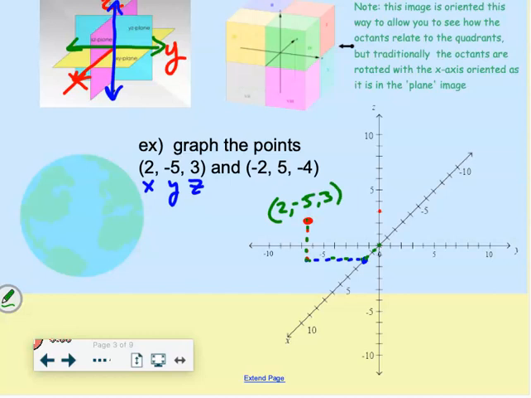It's kind of funky because if I didn't have the lines and I just had the point, you'd look at it and you'd wonder how that is possibly 2, -5, 3, right? And the other problem when you look at this point, if there's no other lines and there's just the dot there, say I just drew that dot at that spot and gave you no other information, could you tell me what point that is?